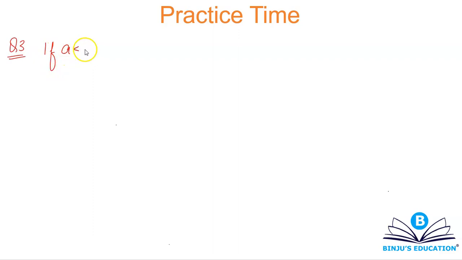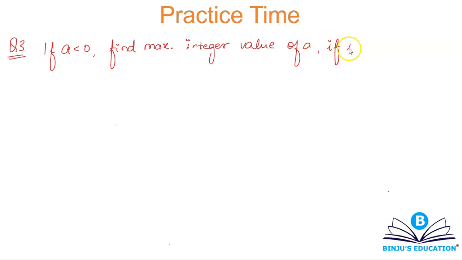If a is less than 0, where a is a constant value, then find the maximum integer value of a if the equation x square minus ax is equal to minus 10 has real roots.